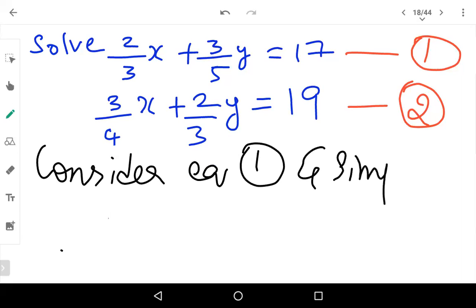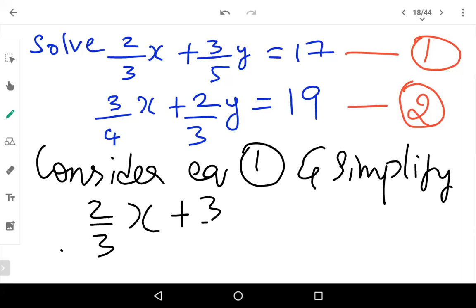So what is equation 1? 2 by 3x plus 3 by 5y is equal to 17. Now, how do we simplify this? We'll have to take the LCM of 3 and 5. Now, if you see the numbers 3 and 5, both are prime numbers.